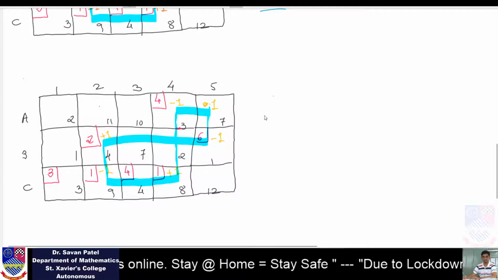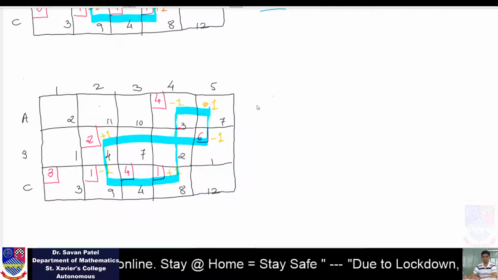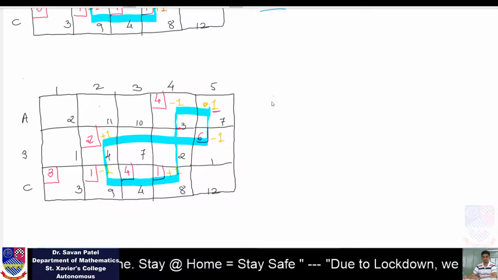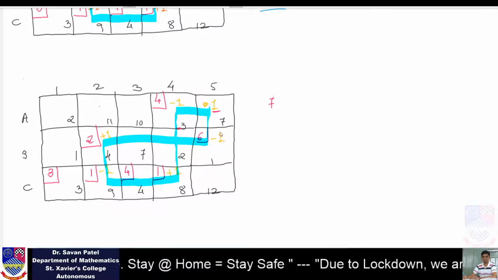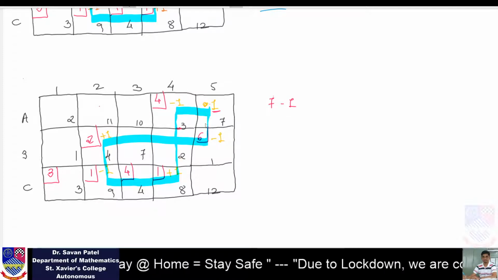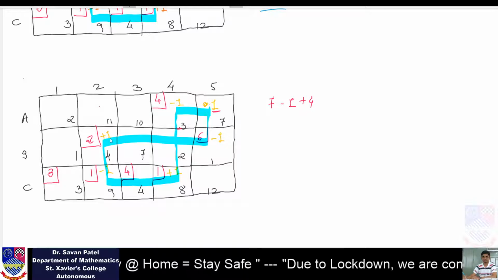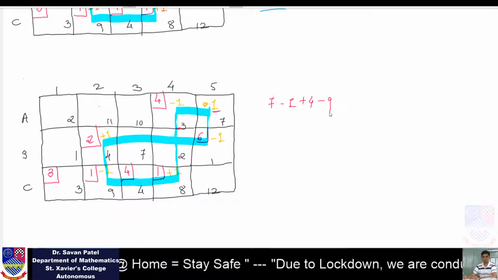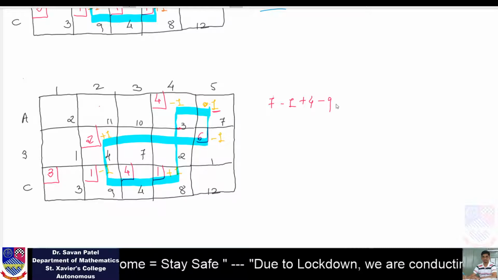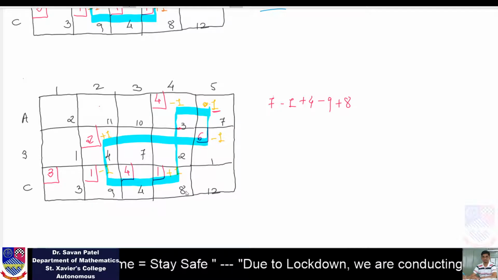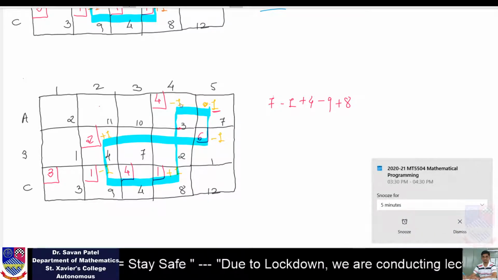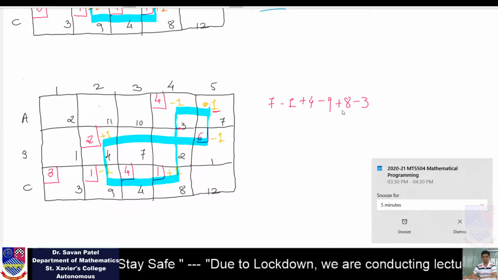So the additional transportation cost on doing this is 1 times 7, so 7, 1 times 1, that is minus 1, then 1 times 4, so plus 4, minus 1 times 9, so minus 9, plus 1 times 8, so plus 8, then from A, minus 1 times 3, so minus 3.